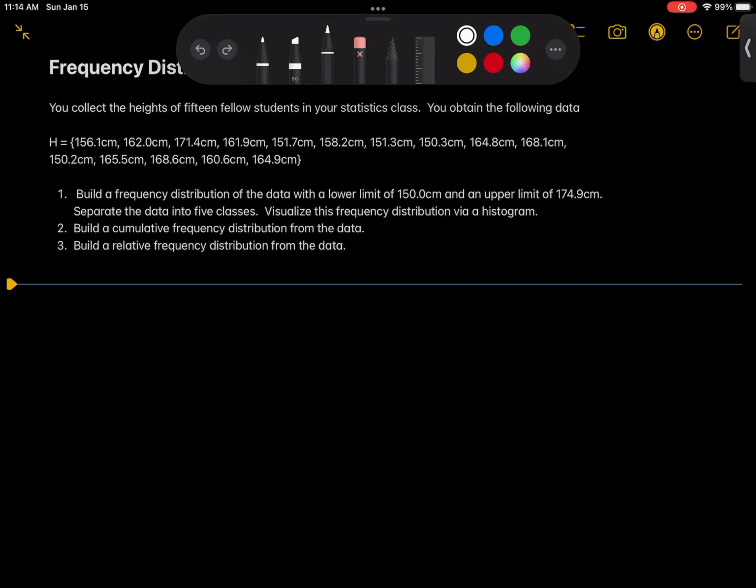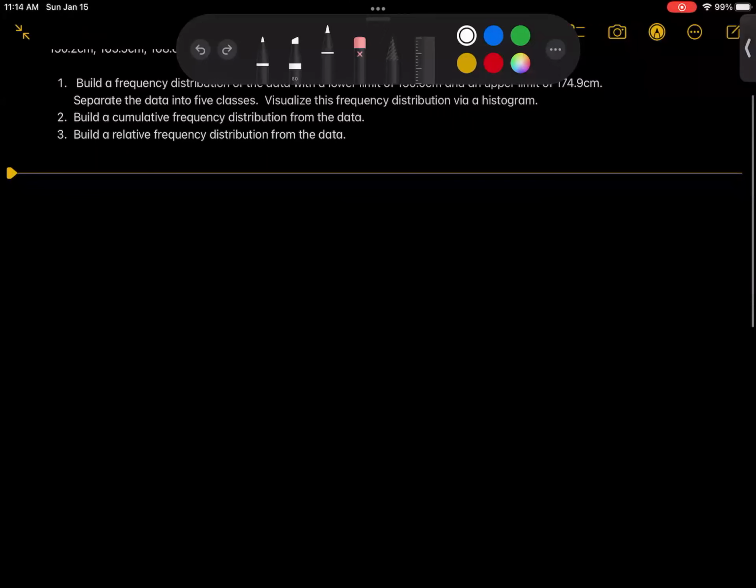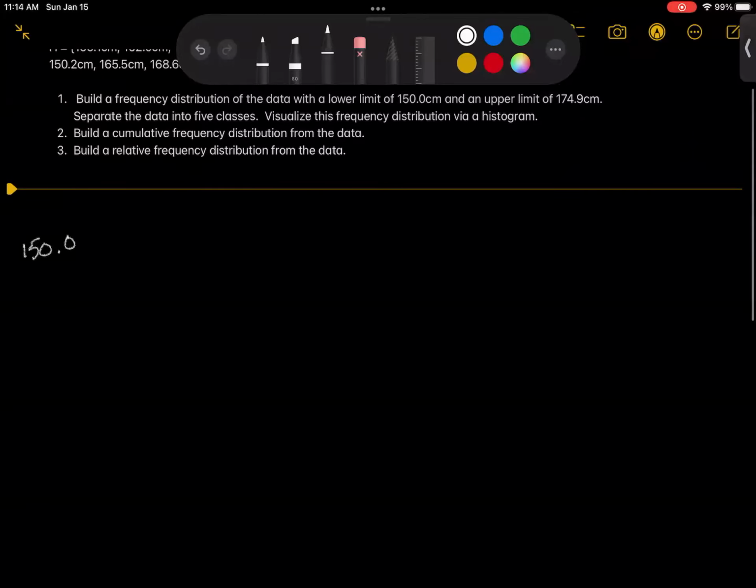The first part of this question wants us to build a frequency distribution of this data with a lower class limit of 150. So we're going to have a lower limit of 150.0 and an upper limit of 174.9.